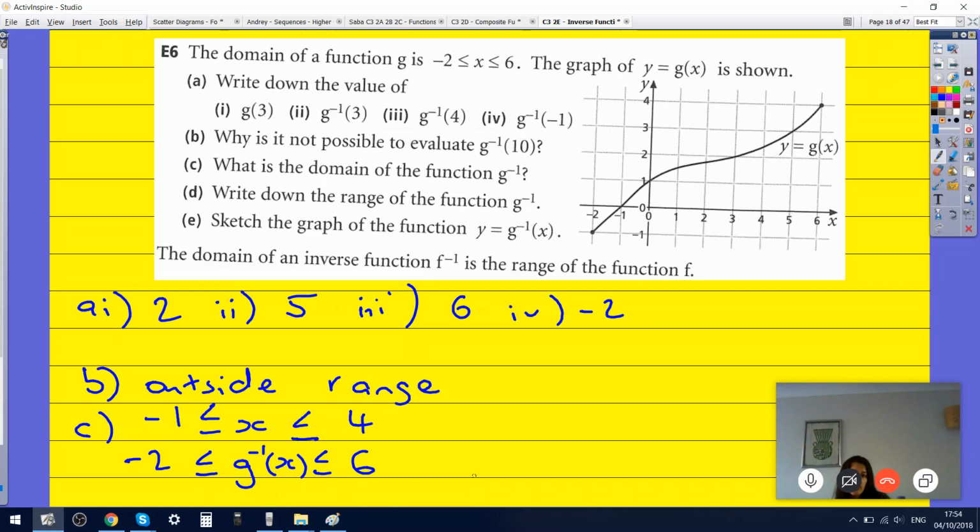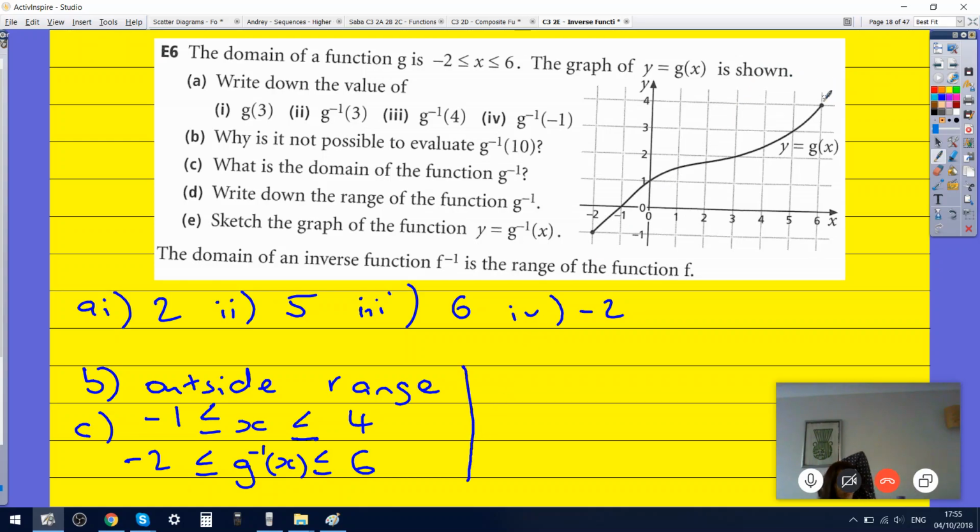Just look at that graph. Are you allowed to look at that graph? Yeah, it's necessary. So -1 goes to 0. Does it? Yeah. 0 goes to 1.